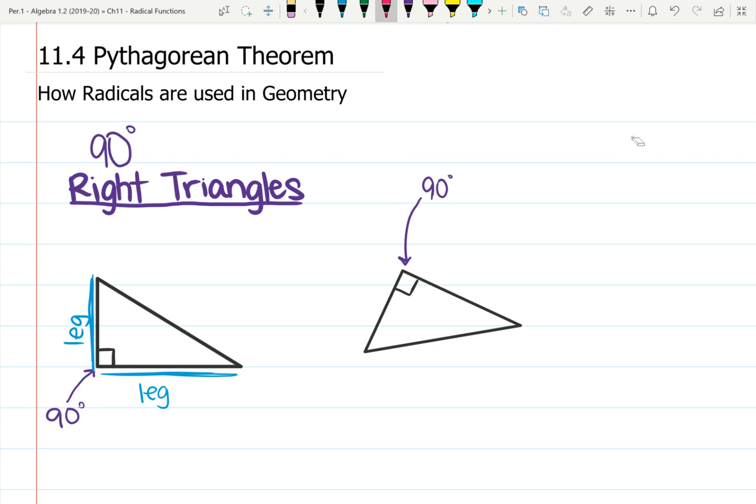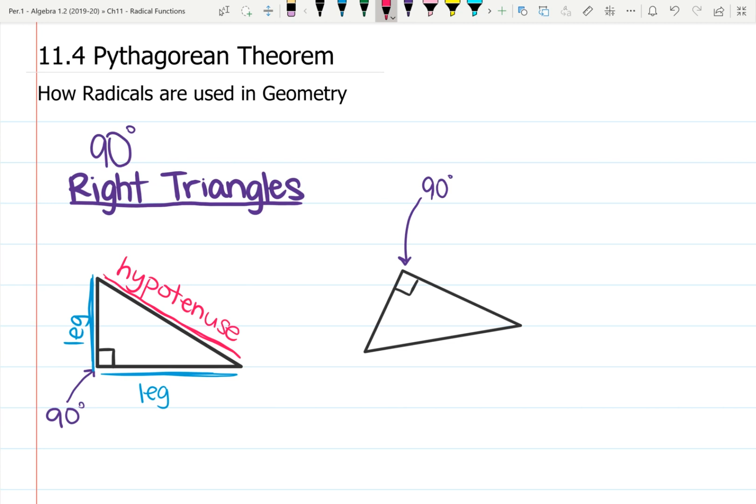And then the last side, this third side, which I'll highlight in pink, is called the hypotenuse. This is an old Greek word, hypotenuse. The hypotenuse is actually the longest side in a triangle.